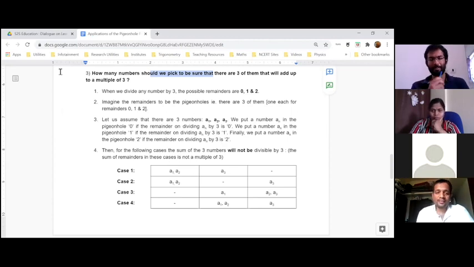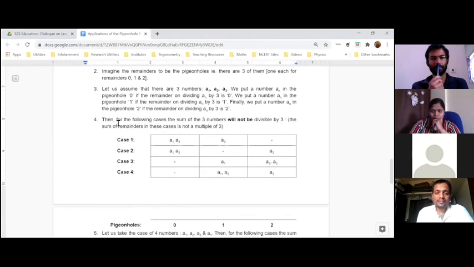Now the fourth point is, for the following cases, the sum of 3 numbers will not be divisible by 3. For example, case 1: A1 and A2 are in the first pigeonhole, the 2 numbers completely divisible by 3, which means the remainder is 0.